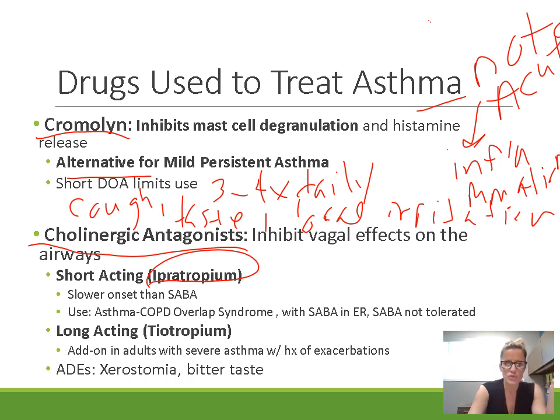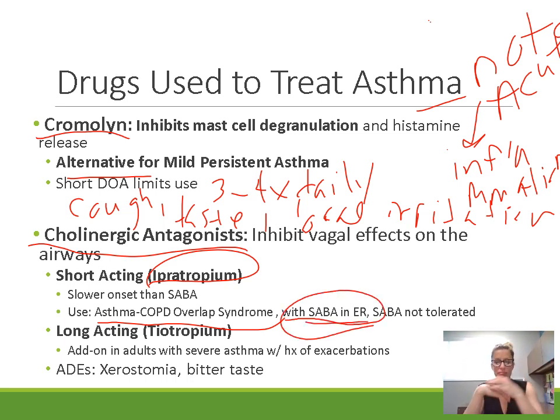Ipratropium is used in asthma COPD overlap syndrome. So patients with COPD who also have a reactive airway component. It can be used in conjunction with a short-acting beta agonist in the ER.